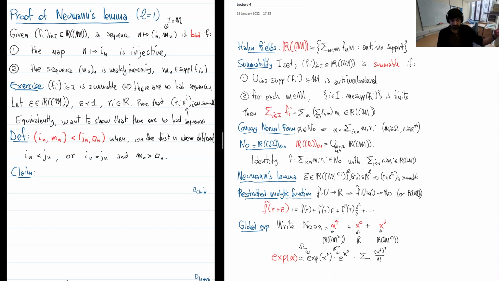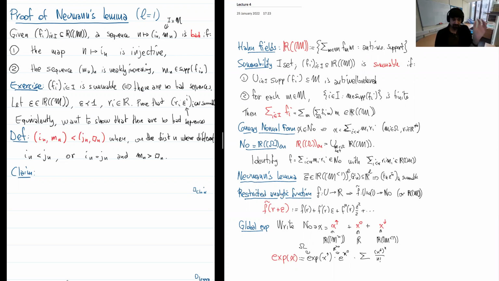Okay, so you go along the sequence, and as soon as you see a difference, you compare the index. The index is moving over the natural numbers because this is the family of powers of epsilon, positive powers. So the index is the exponent, and you compare that.